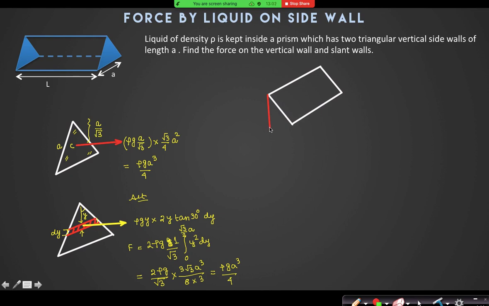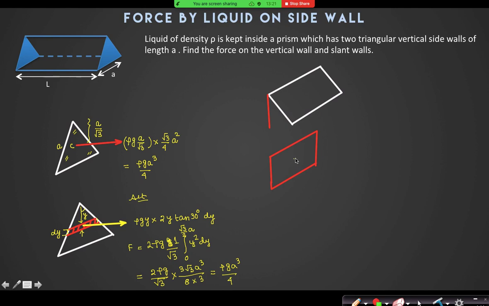If you take a projection of this on this vertical plane, the projection should look like this rectangle. Yes or no?